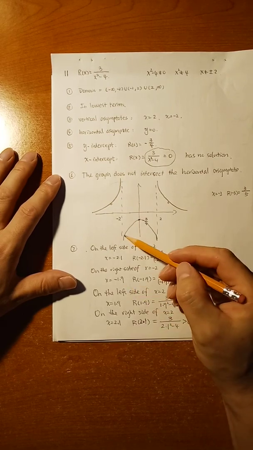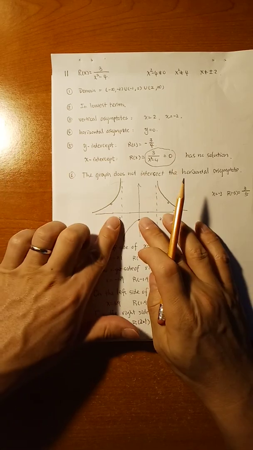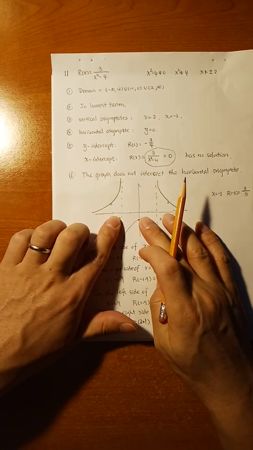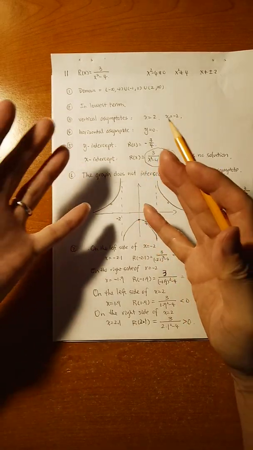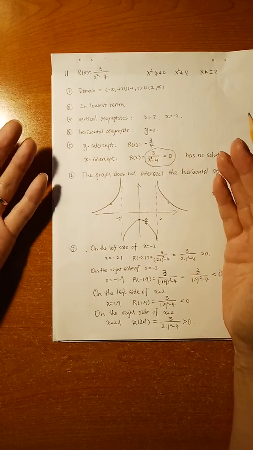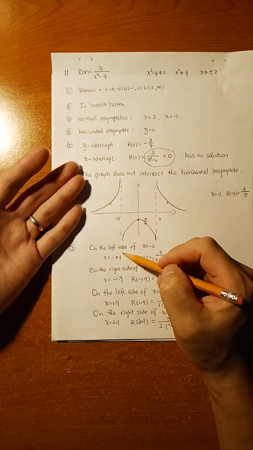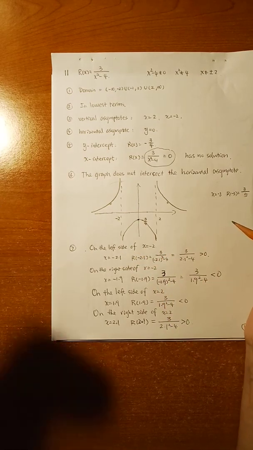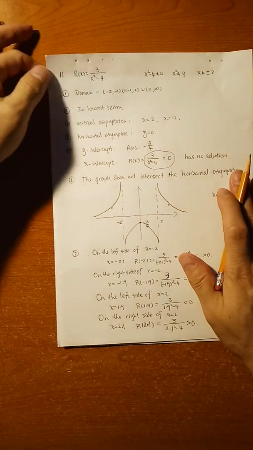For example, like this, it goes this way, it touches this point, and between them you don't see any special point. Between -2 and +2, there's no y-intercept, no x-intercept, no vertical asymptote, nothing. If there's nothing special, you just sketch it smoothly. Okay, this is our first example, 11.